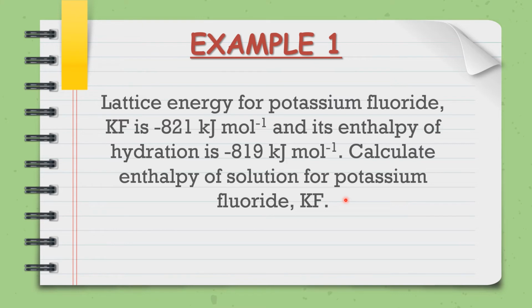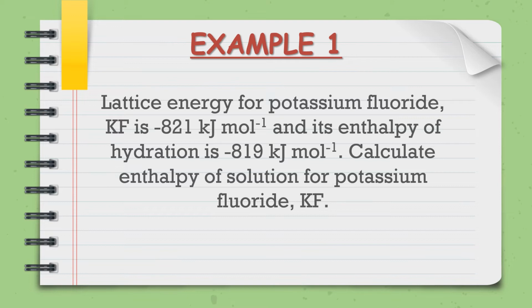Even though the question does not mention anything about the energy cycle diagram, as long as you get a dissolution process question, or the question asks for enthalpy of solution, what you need to do is draw the energy cycle diagram.